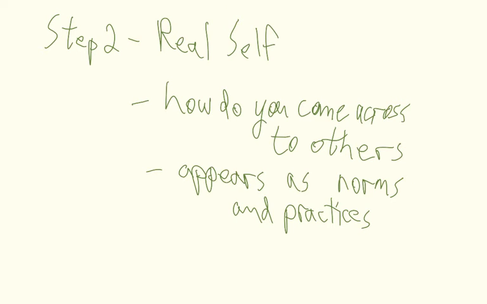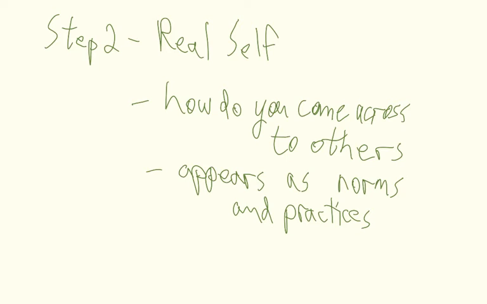Step 2 is the real self. How do you actually come across to others? Reflect on that. Solicit feedback from others. There's a danger here in assessing the real self, because you have ego defense mechanisms that'll kick into play here.